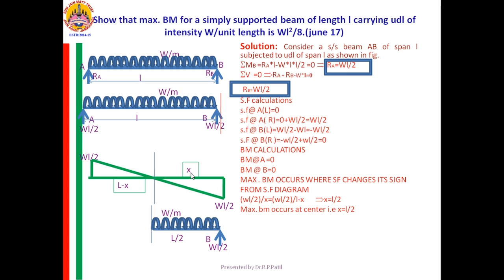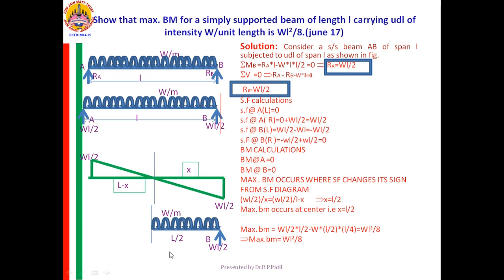As SF is 0 at x equal to L by 2, maximum BM occurs at the center. Why at the center? x equal to L by 2 shows that it is at the center. Therefore, you calculate the maximum bending moment at the center.